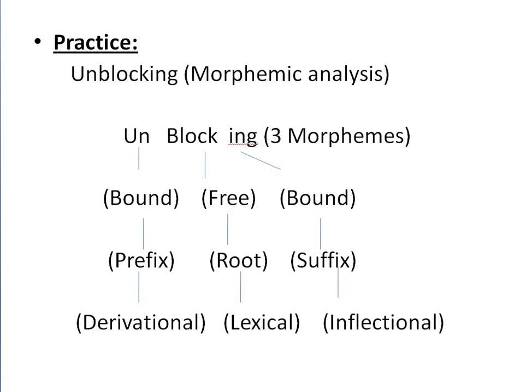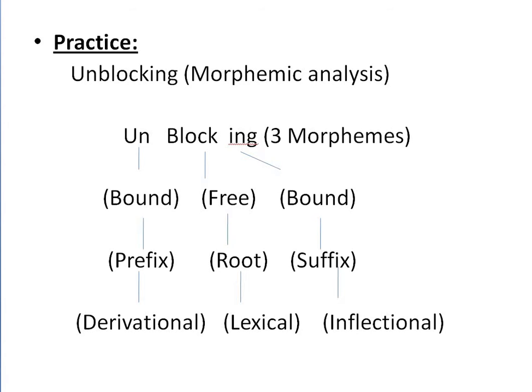Then we come to the type of morphemes, either bound or free. Here in unblocking, un is a bound morpheme, block is a free morpheme, and ing is again a bound morpheme.